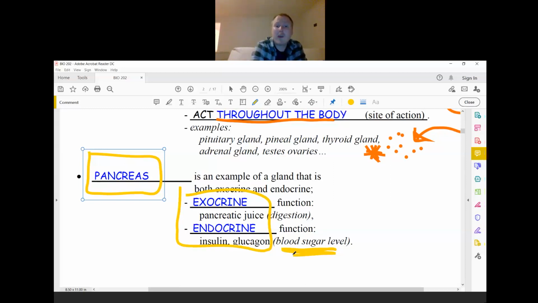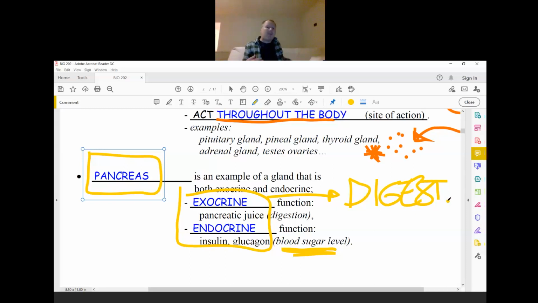Whereas the exocrine function, which is the production of pancreatic juice, which is all about digestion, is something that we will be looking at later in this course. And we'll find that pancreatic juice is actually the most complete digestive juice that we find in the entire body. But in this chapter we are looking simply at the endocrine system.